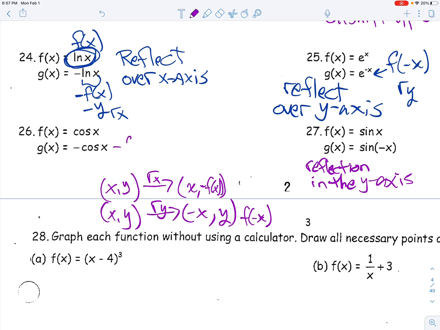Cosine of x is your function, and it's negative cosine of x. That's negating the entire function, negative f of x, which means y is negated, which is a reflection in the x-axis. So that's what 26 is, a reflection in the x-axis.